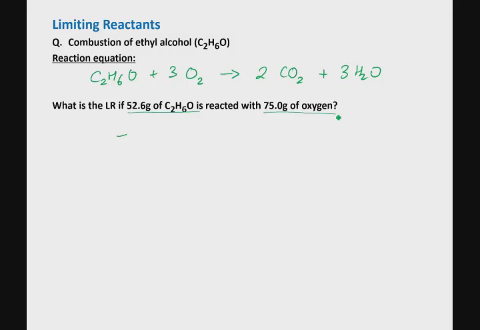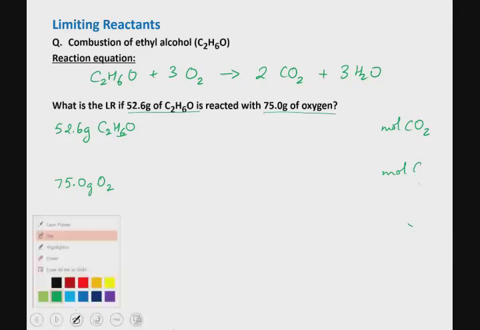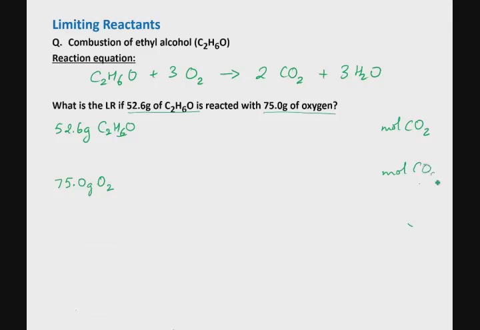Once I've selected carbon dioxide to work with, now I need to convert 52.6 grams of ethyl alcohol into moles of CO2, and separately I have to convert 75.0 grams of oxygen to moles of the same selected product, CO2. Okay, so go ahead, please pause the recording while you complete this.